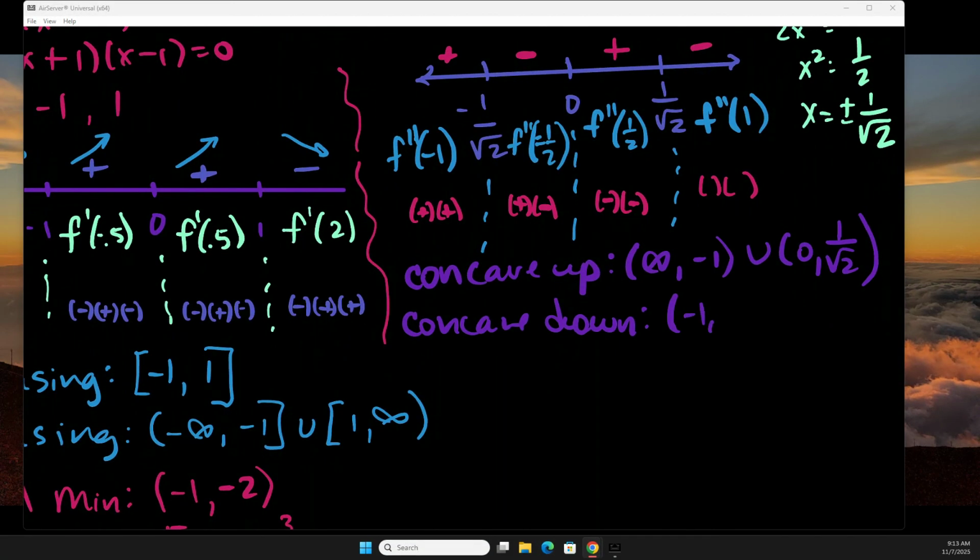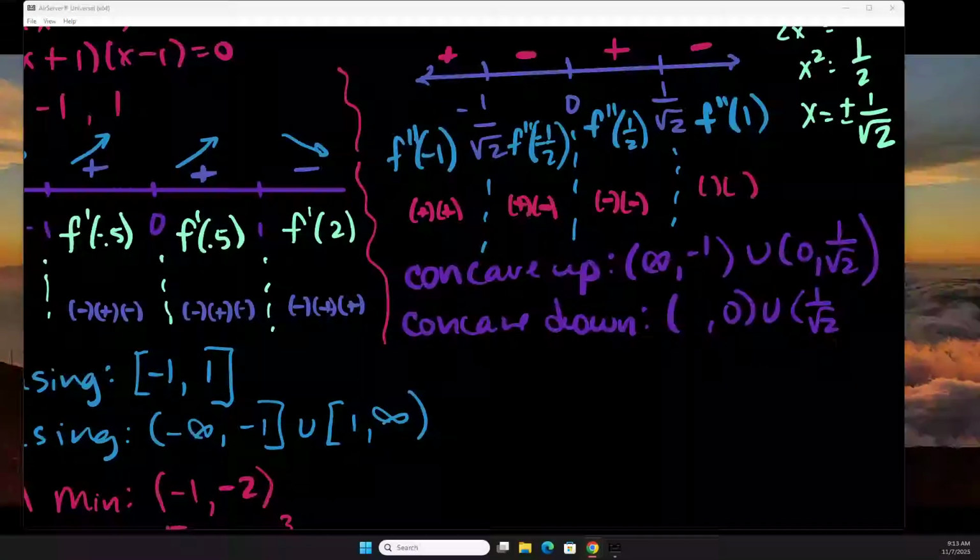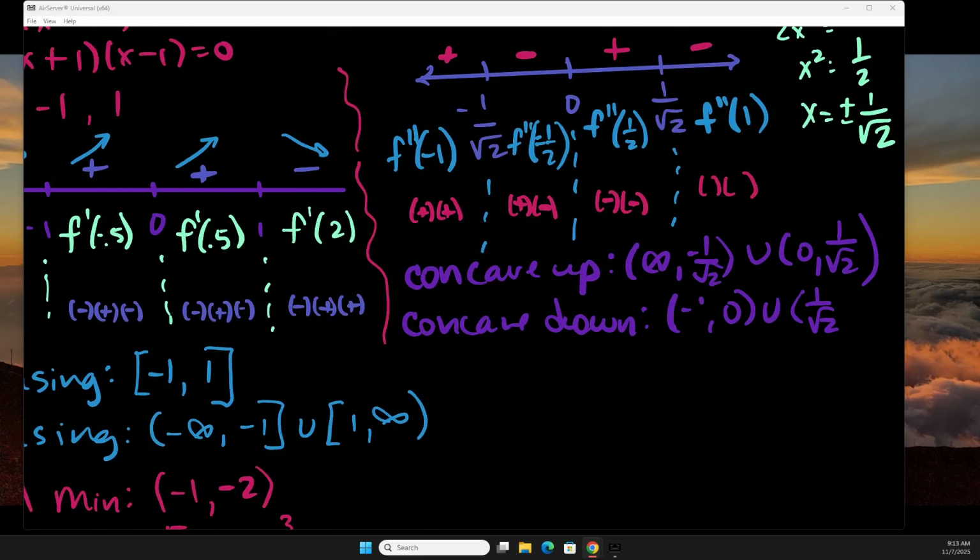That's going to be negative 1 to 0 and 1 over square root of 2. Oh, no. Sorry. I don't know where I'm getting negative 1. Maybe I should have just used my video from last year. Negative 1 over the square root of 2 are those endpoints.